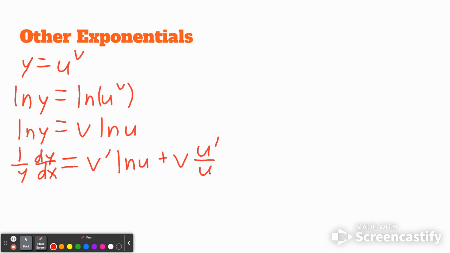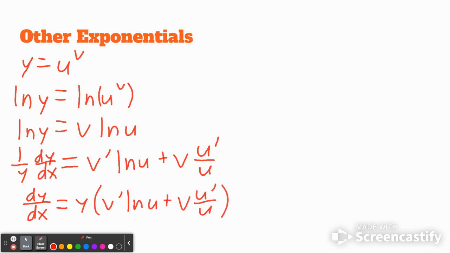Now we can multiply both sides by y to bring that y over. I get dy/dx, just to solve for dy/dx, is equal to y times v prime natural log of u plus v times u prime over u.